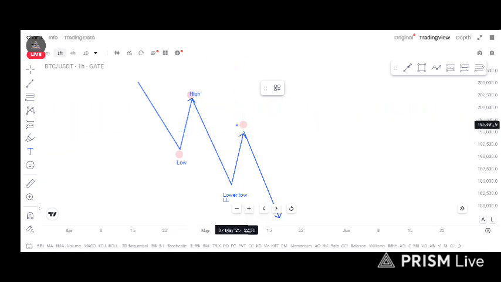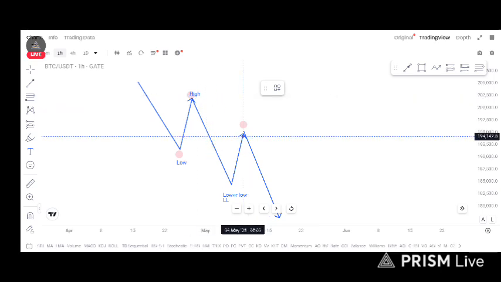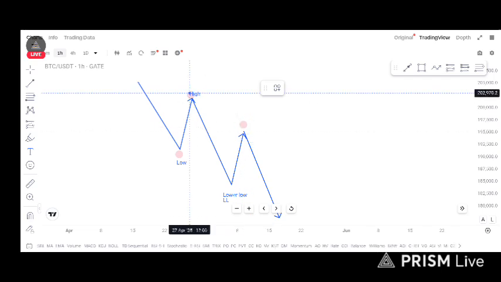That's why we now call this one a lower high, because it is lower than the previous high.